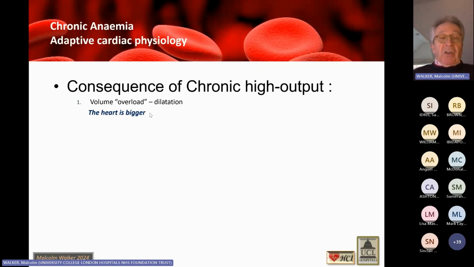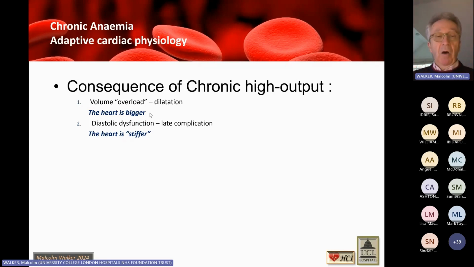The radiologist reads no further than chest infection and says, oh, your heart is big. The patients panic and they're sent along to clinic. The heart is necessarily bigger in a chronic anemia, and this is a compensatory mechanism as long as it's still pumping well. We do see stiffer hearts, with a late complication of diastolic dysfunction, which we'll come back to later.